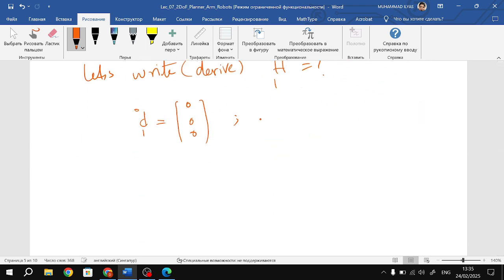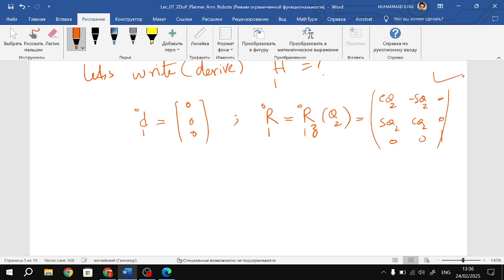Then our rotation 1 to 0 will be about the z axis by an angle of theta 2. So, it will be cos of theta 2, minus sine of theta 2, 0; sine of theta 2, cosine of theta 2, 0; and 0, 0, 1. That is it.